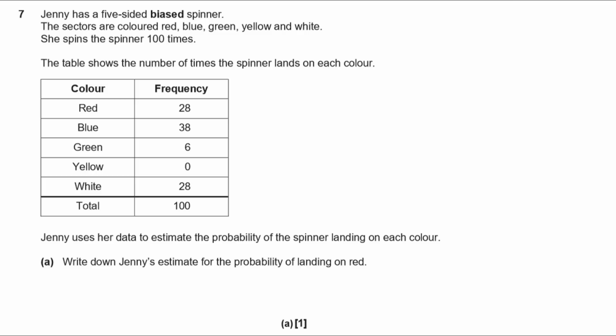You can work out a practical version of probability. We call it relative frequency. By taking the number of successful trials, which in this case is 28 for red, and dividing it by the total number of trials, which is 100.